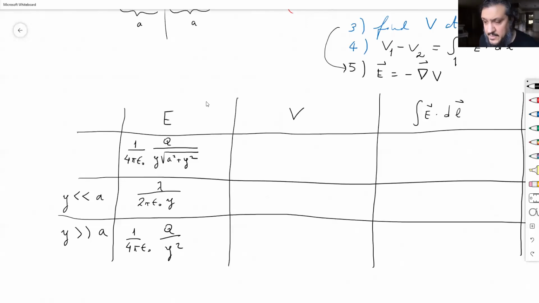That's the point charge limit. That's the method. Let's apply the same method to electric potential.